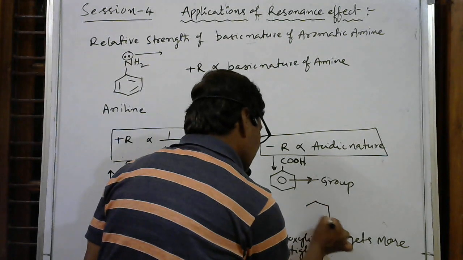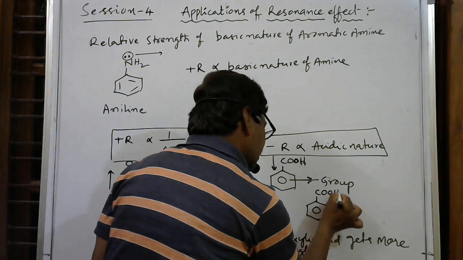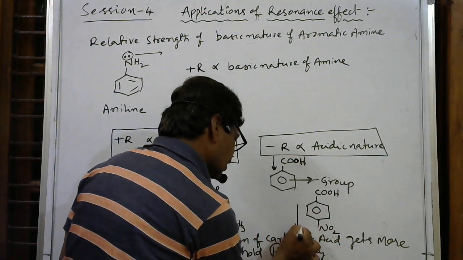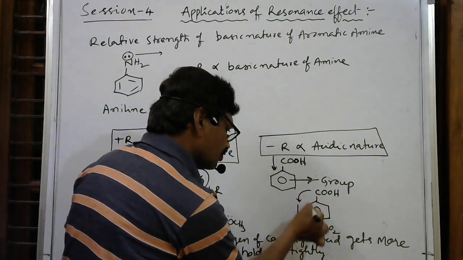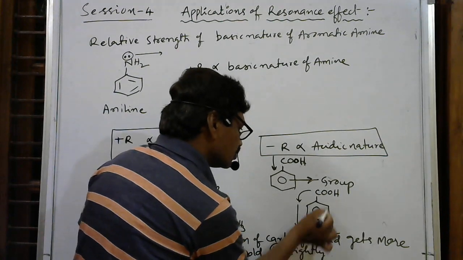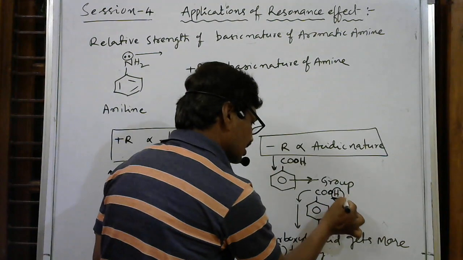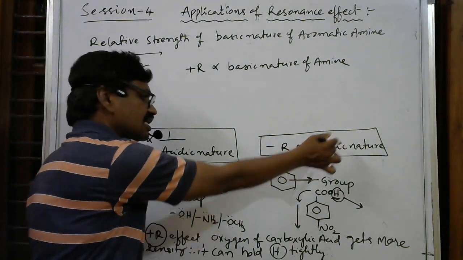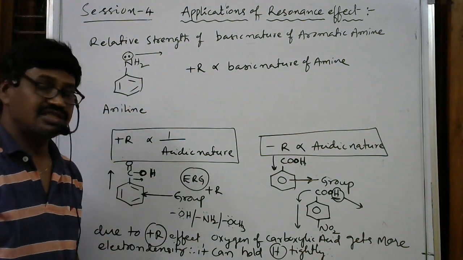In this example, if the NO2 group is present, this NO2 group accepts electrons from the ring, so from the carboxylic acid framework electrons move to the NO2 group. So the electron density on oxygen decreases, so it is easy to release this hydrogen as H plus ion, so that it is strong. So minus R is directly proportional to acidic nature, plus R is inversely proportional to acidic nature.